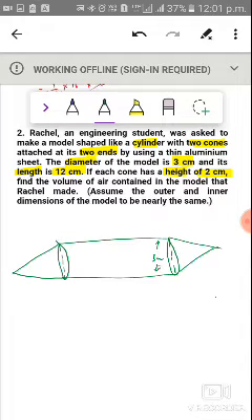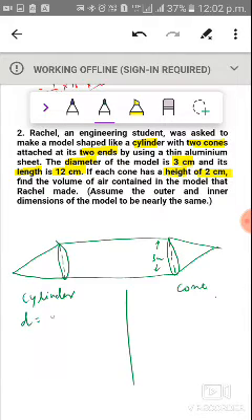So we are having a cylinder and two cones. Okay, right? So the diameter for the cylinder is 3 centimeter and the diameter for the cone is also 3 centimeter.